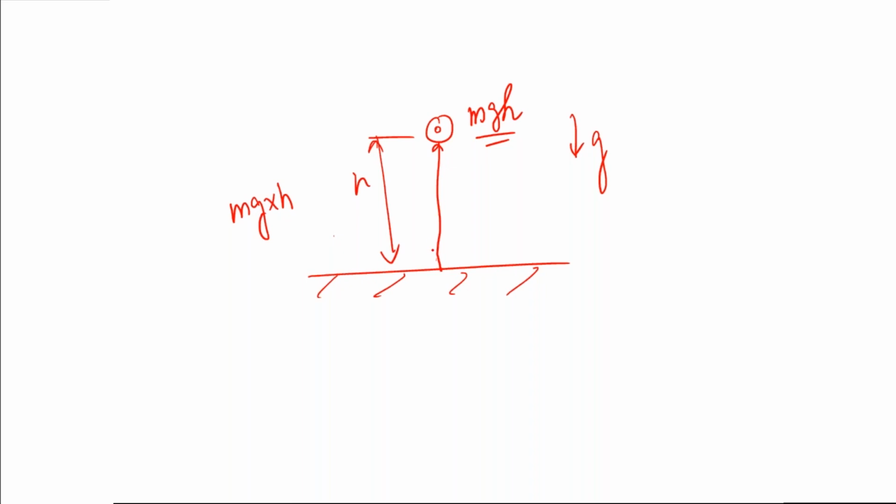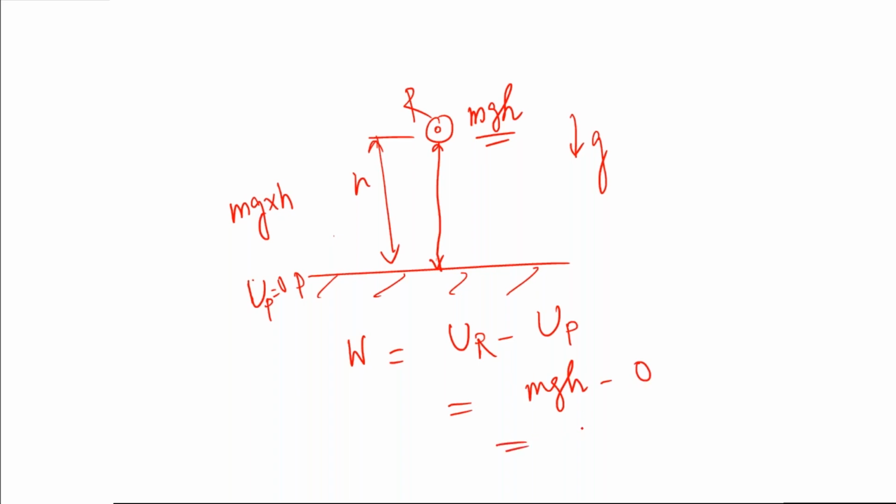But this is not very important. What is important is the potential energy difference between these two positions. That is the work done. Suppose this point is P and UP is 0, and this is the R point. Then the work done is UR minus UP, which is mgh minus 0, so actually mgh.